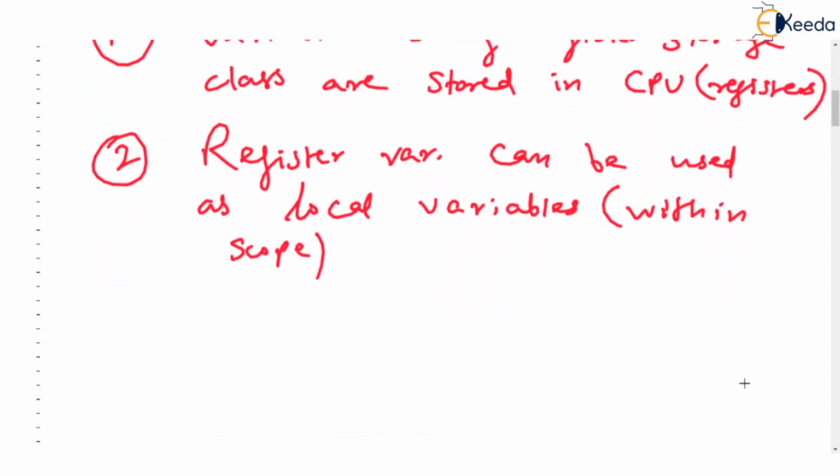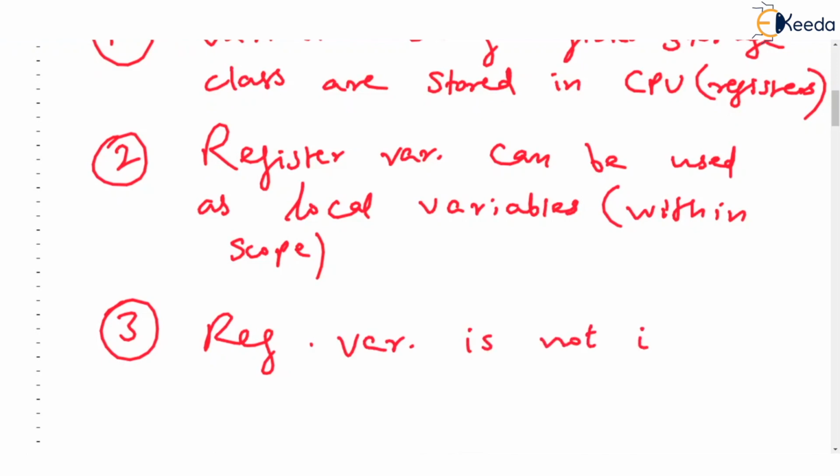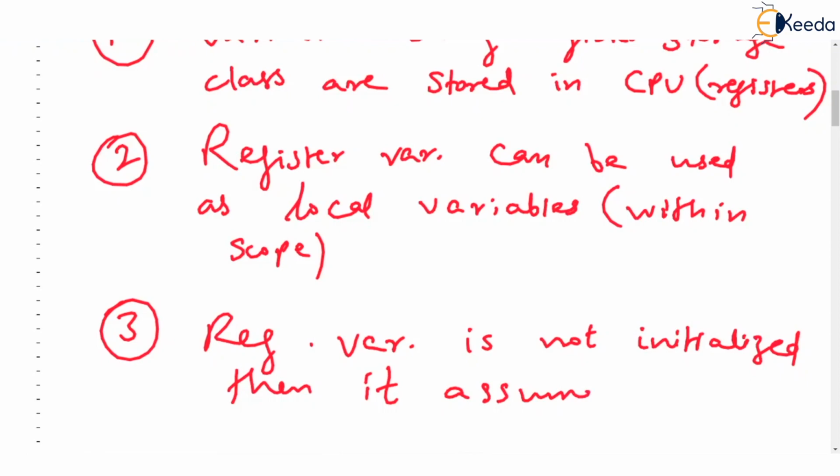The third property is, if a register variable is not initialized, then this variable assumes some random value, some garbage value it assumes.